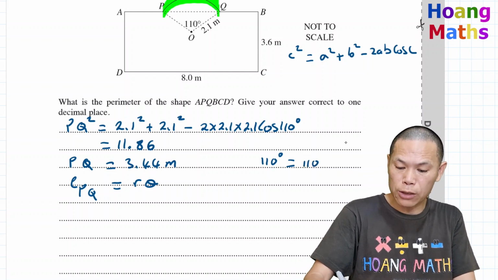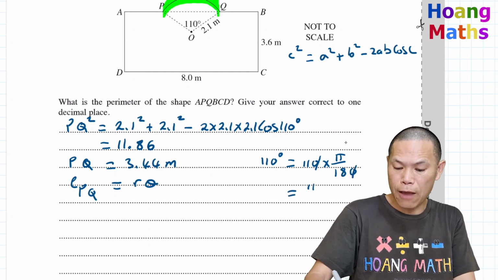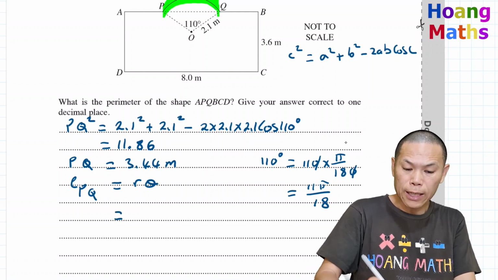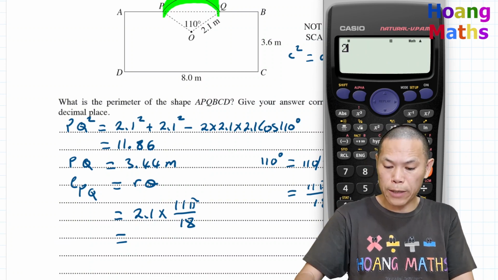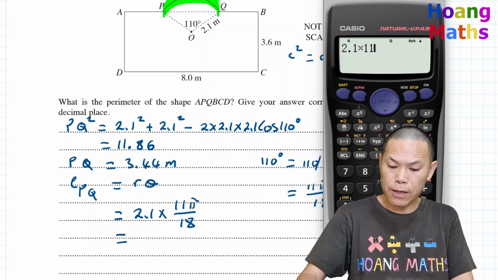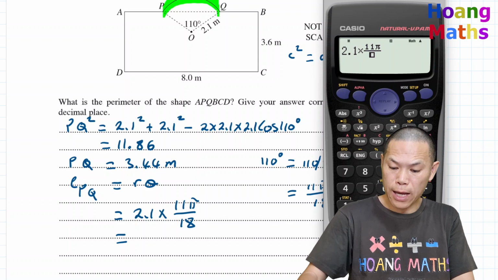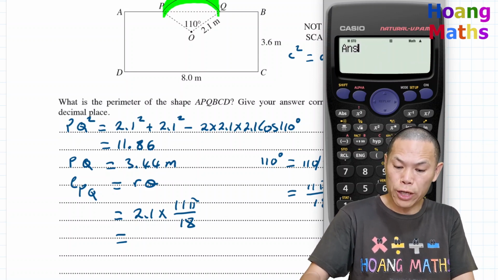So 110 times pi over 180, that cancels out. So that is the same as 11 pi over 18. So the radius is 2.1. So 2.1 times 11 pi over 18. That will give me, so I just go 2.1 times 11 pi over 18. So there you go. Let me go answer, shift, store in B first.